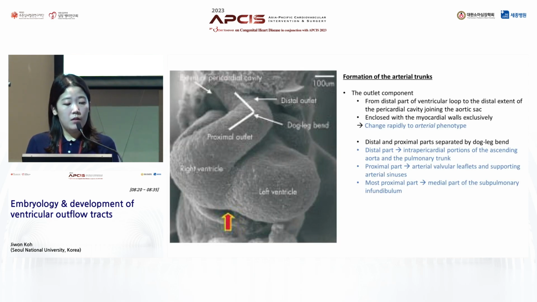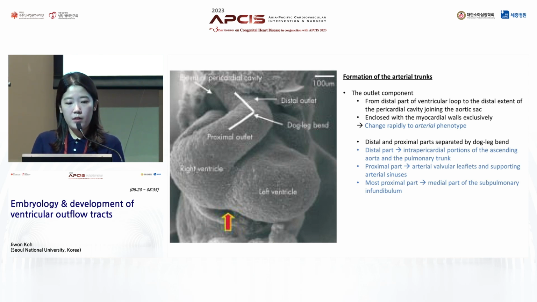As the days develop, this is the more developed outflow tract here, and we can see this acute bending. We call this the dog leg bend, and based on this angle, we can divide the outflow tract into proximal and distal.